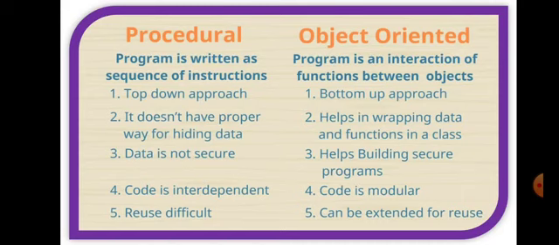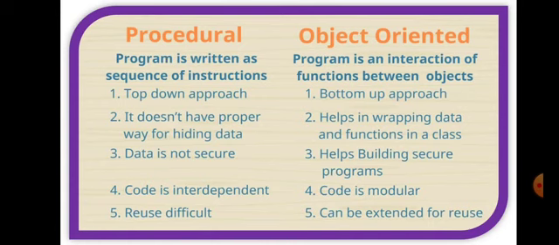On the other side, object oriented programming, that is, a program is an interaction of functions between objects. First one is bottom up approach. The advantage of bottom up approach is here the focus is on data, not on function. The focus is only on data.